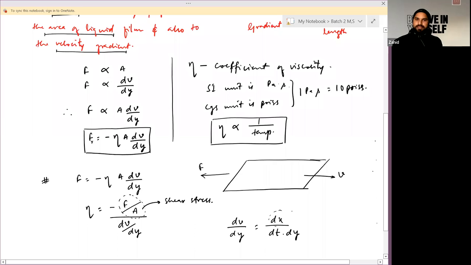This dx is the horizontal shift and this is the vertical length. So there is change in length with respect to original length. So this particular ratio will also be termed as shear strain divided by time taken. Any quantity changing with respect to time is termed a rate. So we can write this expression as strain rate. Is it clear?